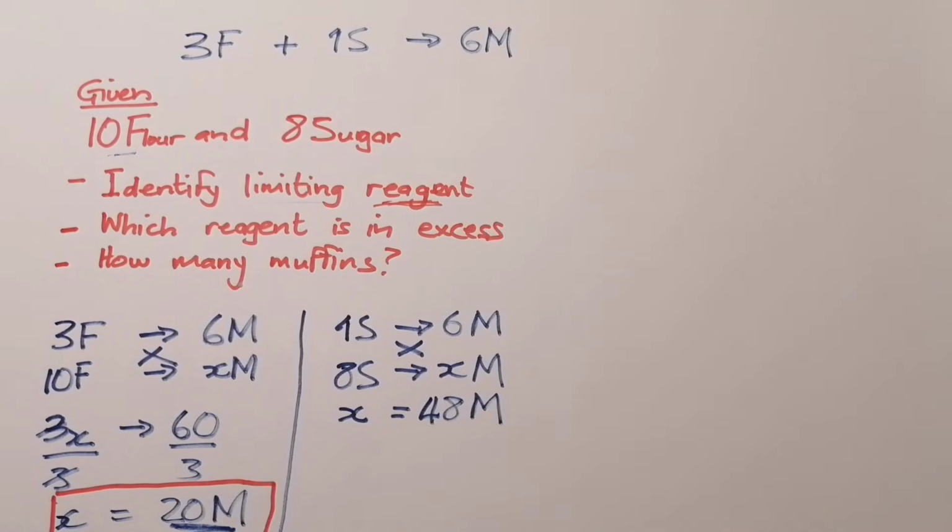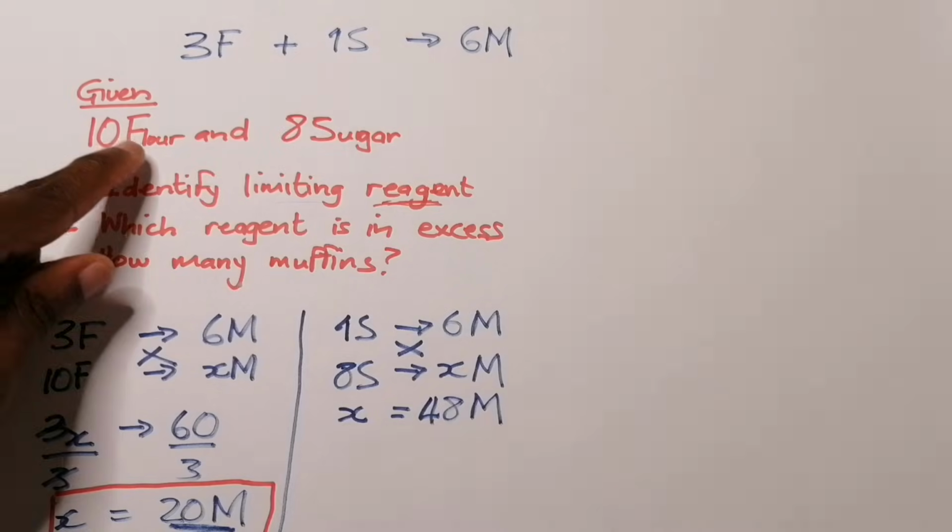I cannot go any further, right? This one says, no, but I can still go. But remember, sugar cannot act alone to produce muffins. Are you with me? Right. So in this case, the one that is going to limit the extent of the reaction is going to be the flour.